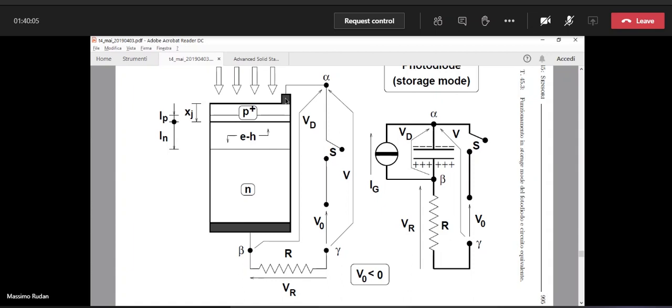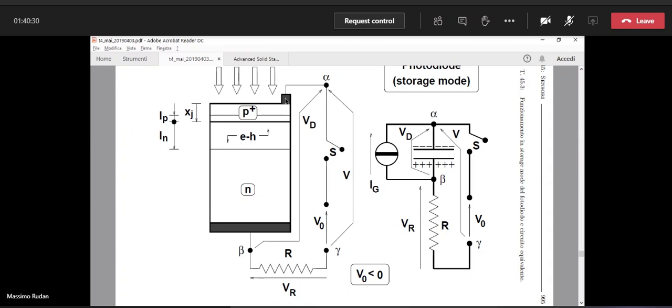It crosses the photodiode, the resistance, and the external circuit, okay? And we measure this current. And this current, apart from the inverse saturation current of the photodiode, is a useful signal that we can detect.